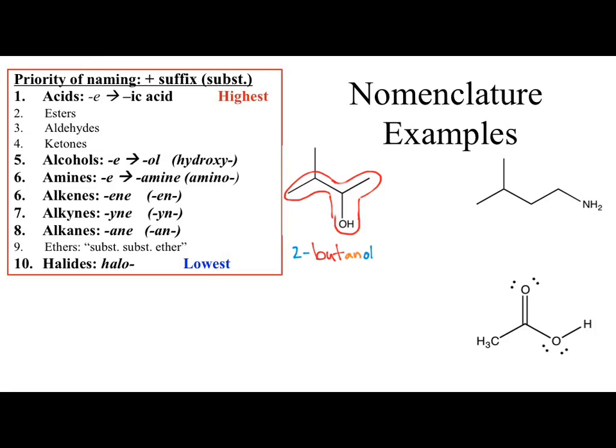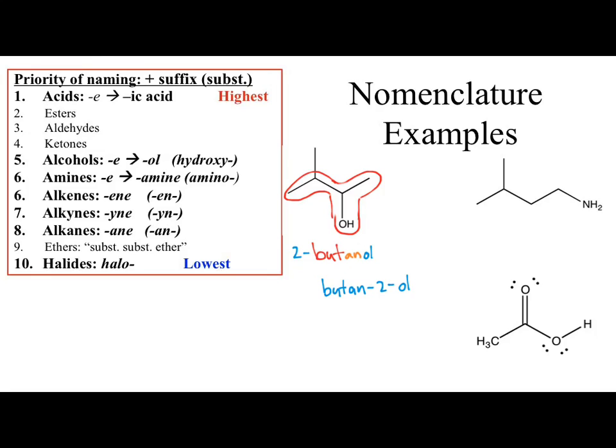Because we don't have any other substituents, or an ene or an yne to get in the way, we can call it 2-butanol. The other option would be butan-2-ol. Why do we not call it 3? We want the lowest number to our highest priority group.